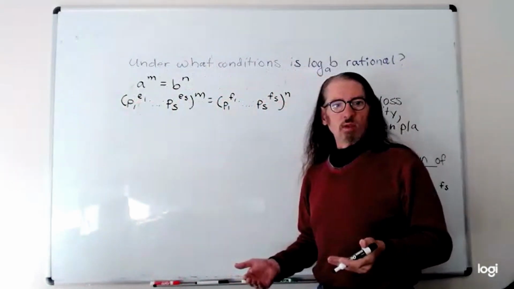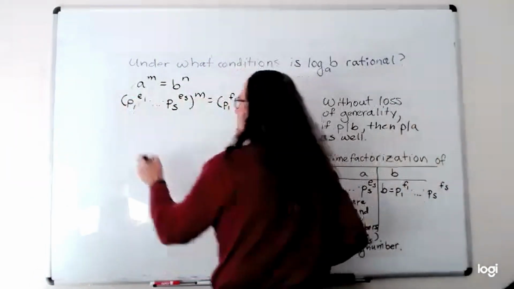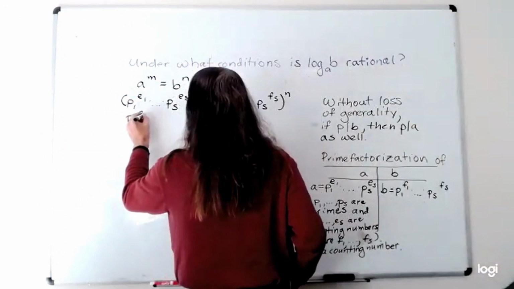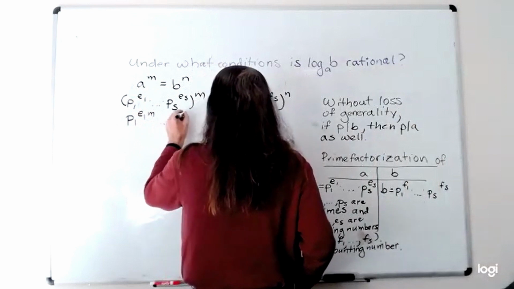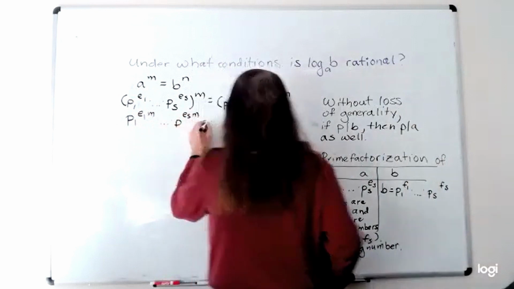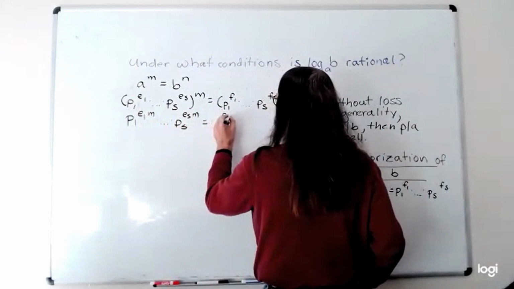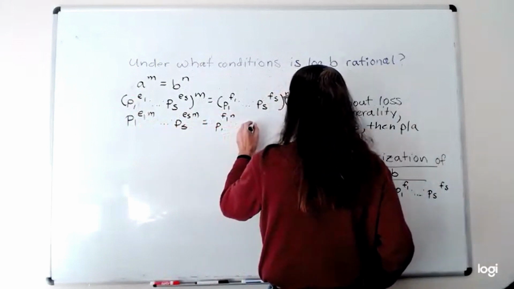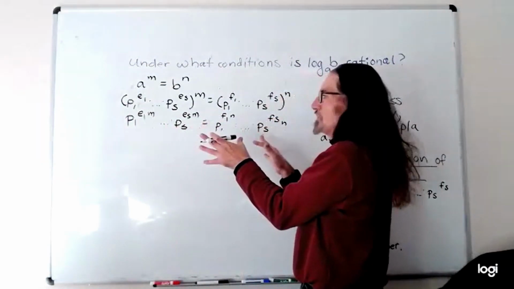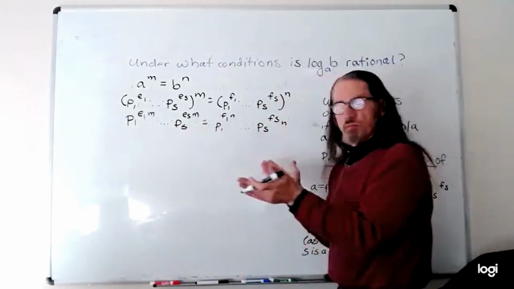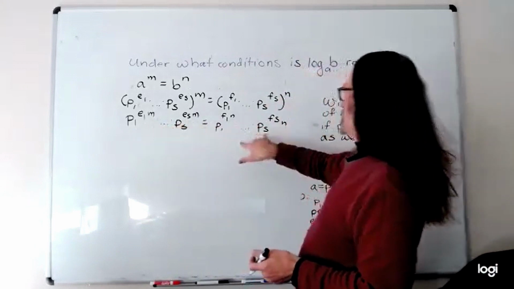And for lack of a better word, distribute the exponents and multiply. Since these are equal, and obviously neither side is going to be 0, I'm going to divide both sides by this.